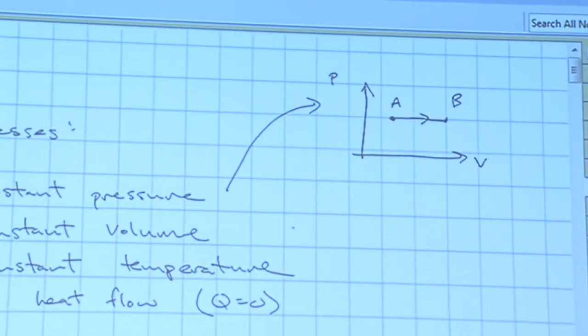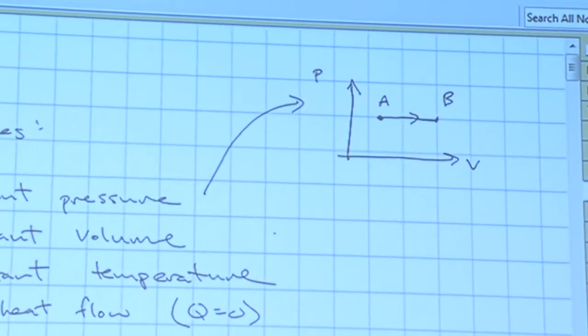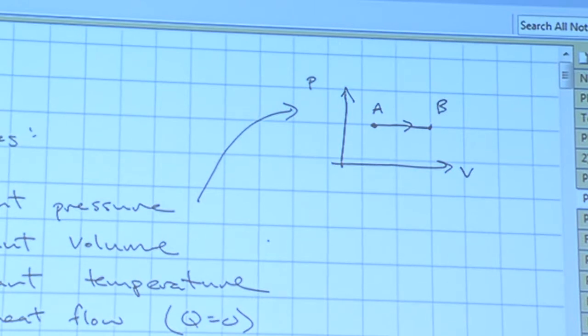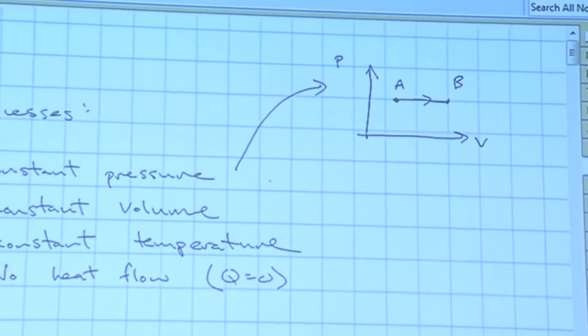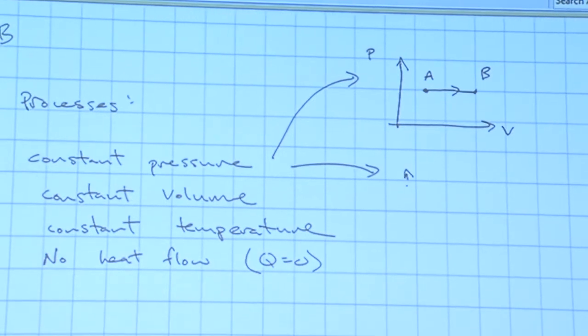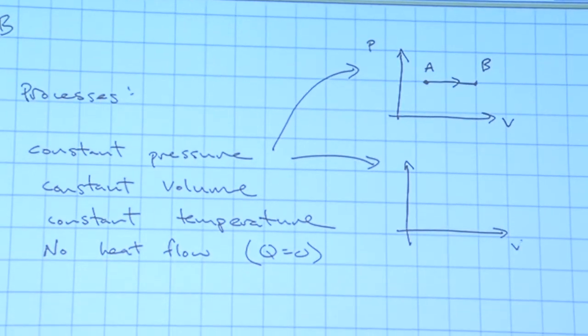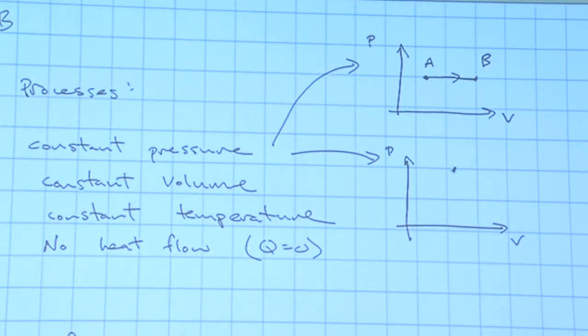We're moving from point A to point B without changing the pressure, a constant pressure process. If we were moving at constant volume, you can probably figure out what that's going to look like. Something like that, right? A vertical line. The volume is not changing, pressure would be.